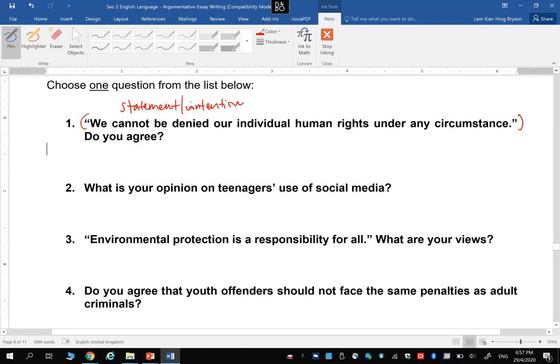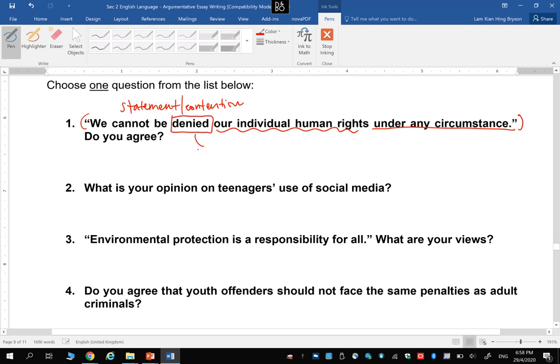Alright, now let's take a look at the statement a bit more closely. We cannot be denied our individual human rights under any circumstance. What do these words actually mean? Let's first look at "denied".